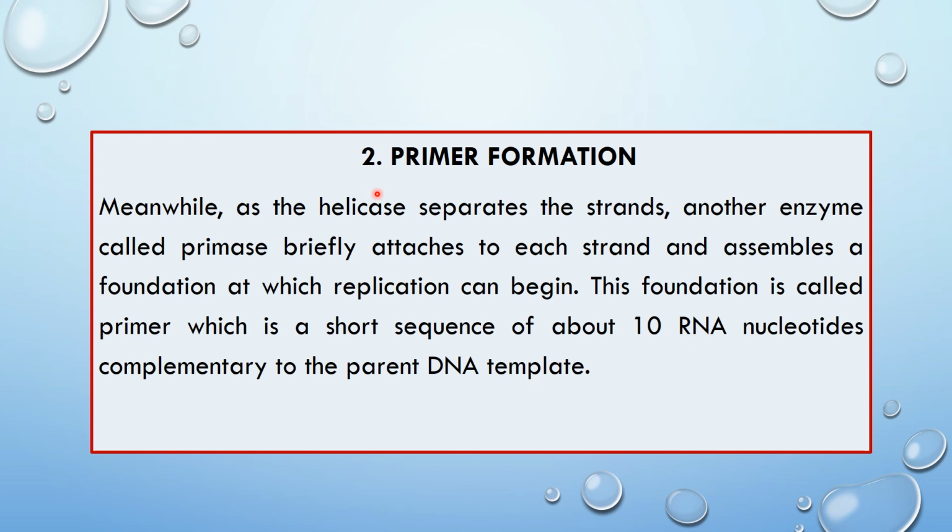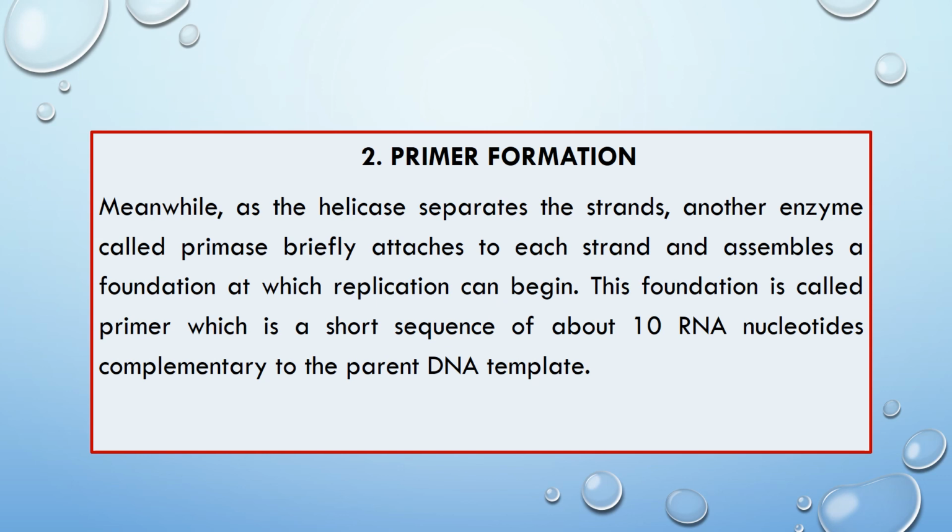The second step to start the replication process is primer formation. During primer formation, when helicase separates the strands, the second enzyme primase briefly attaches to each strand and assembles a foundation at which replication can begin.